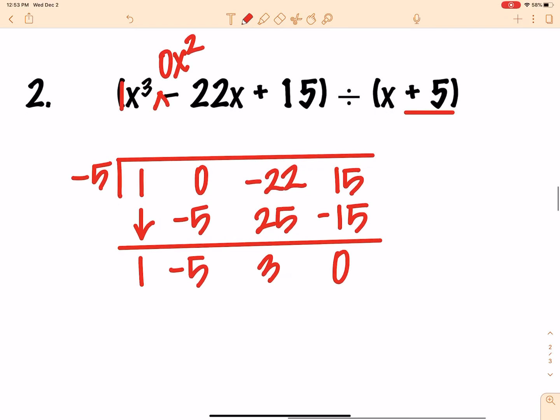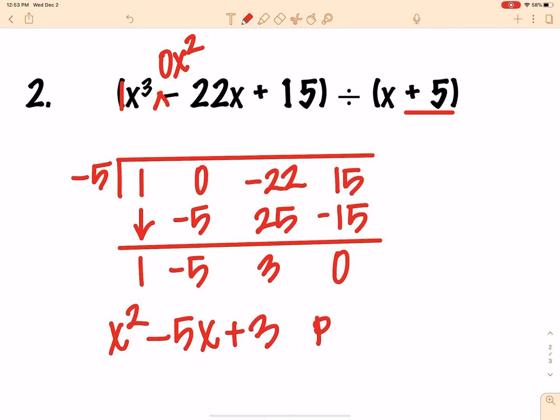Using them as coefficients and going in standard form, x squared, because there's an invisible 1 here, you don't really need to write it. So we're just going to put x squared. Then in standard form would be -5x, our constant 3, and our remainder is 0. You don't need that, but just know that the 0 is associated with the fact that it's a remainder. All right, see how quick and easy these ones are?